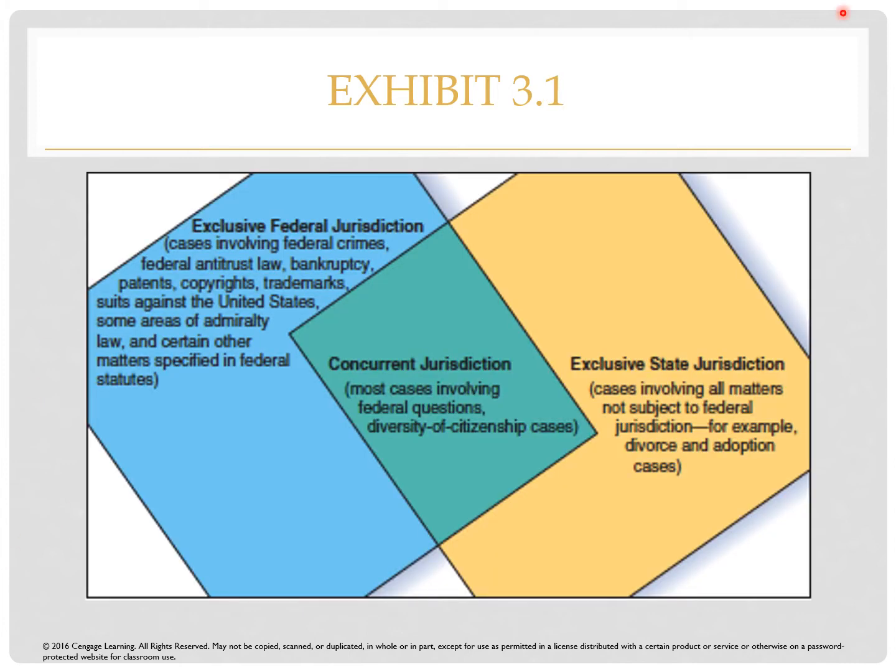So here's just another visual of the overlap between federal and state courts. This is not to scale because if it were, the yellow would be almost the entirety of the slide. Over 90% of all cases go through state court systems, and obviously each state has their own courts.